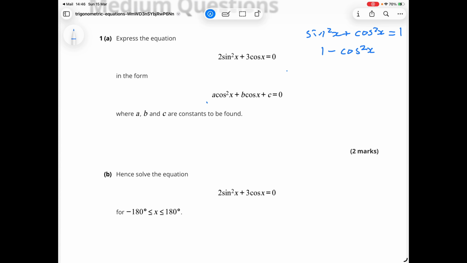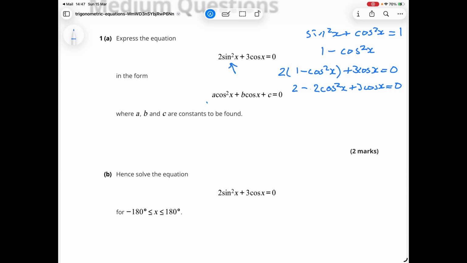Then I'm going to put that into this. So it's 2 times (1 minus cos squared x) plus 3 cos x equals 0. That leaves us with 2 minus 2 cos squared x plus 3 cos x equals 0.